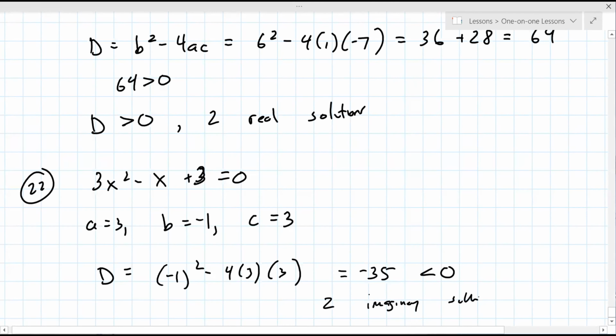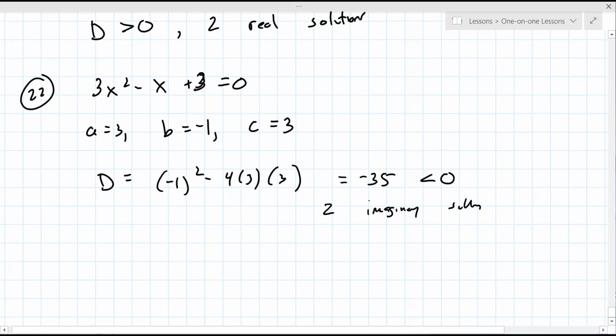All right. So 23, we'll do real quick. Can you calculate the discriminant for that? a is -4, b is -4, and c is 1.